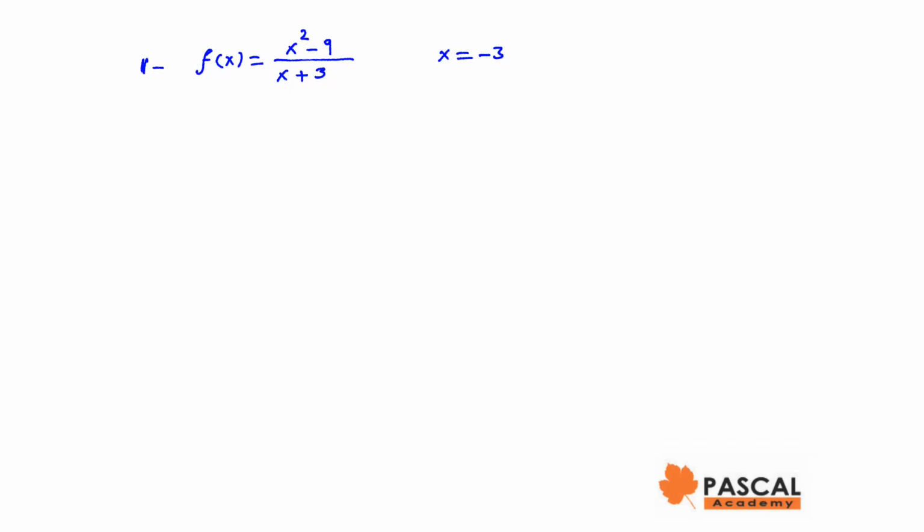We know f of x and g of x equals x minus 3, when x is not negative 3, are equal. Therefore, the graph of f of x is a line with a pinhole at x equals negative 3.